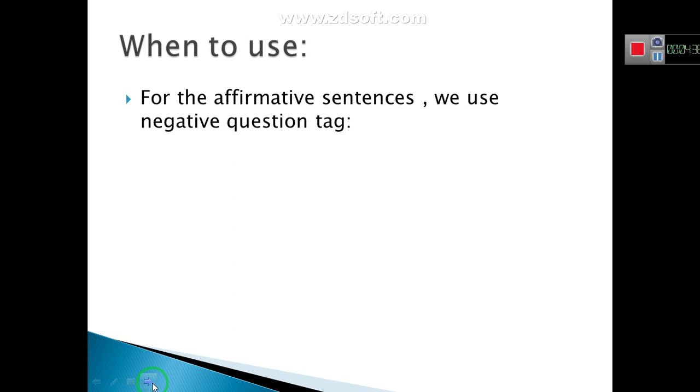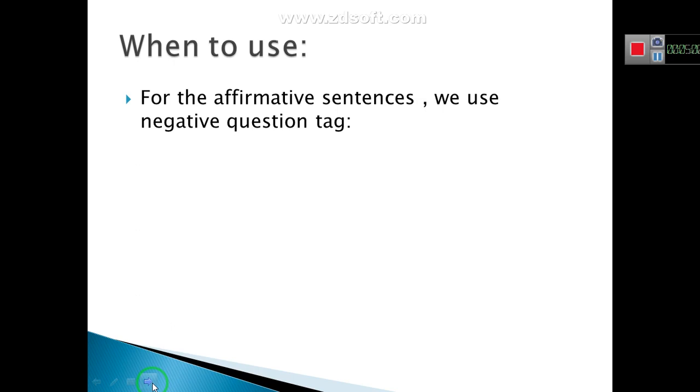When to use it. The basic rule of the question tag is, I told you, I have a sentence first, then a question tag. For affirmative sentences, we use negative question tags.